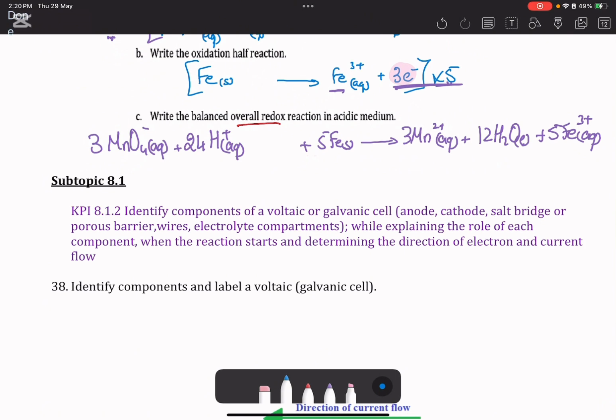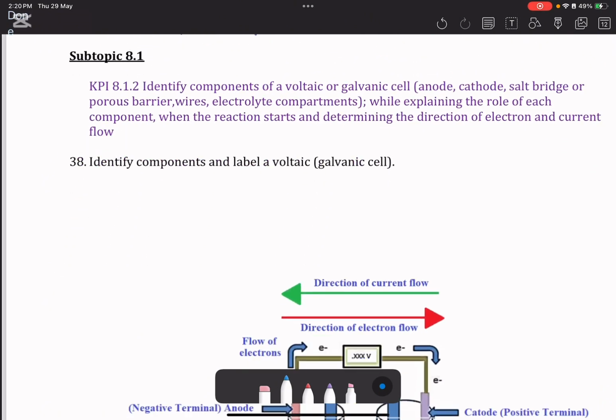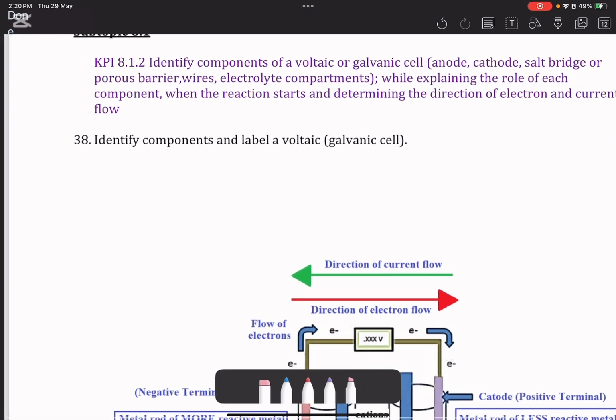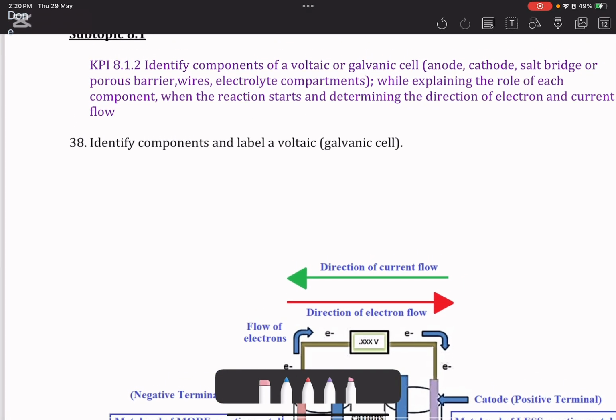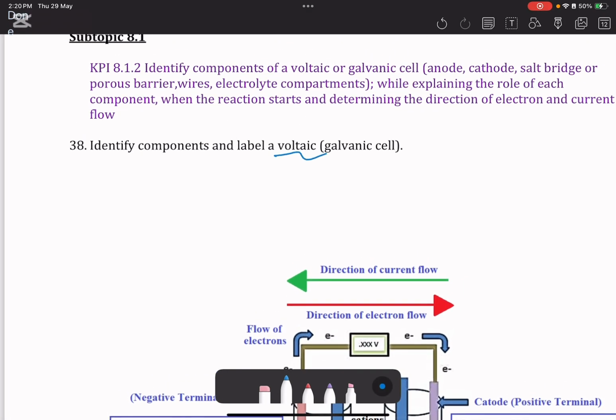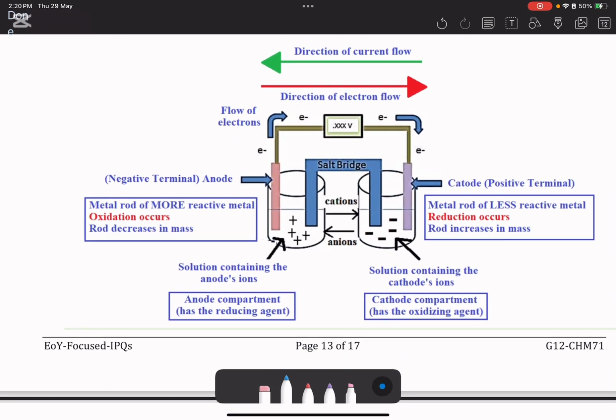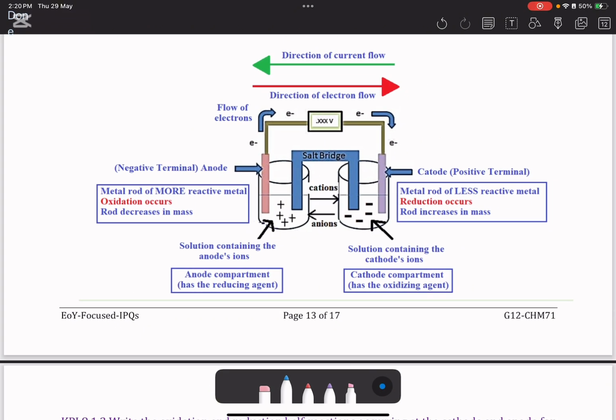Now the next part is the galvanic cell. Galvanic cell, also known as voltaic cell, is a cell that converts chemical energy to electrical energy. So study carefully the parts of a galvanic cell. An important factor is that the anode in the galvanic cell is the negative terminal and the cathode is the positive terminal.